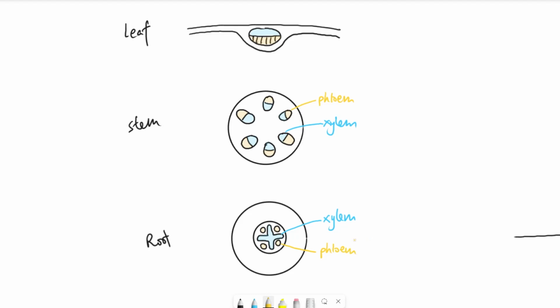So again, any water and minerals would go into the xylem, into the cross-shaped section here, and then it would travel up the plant, and the phloem will be where they receive the sugar usually, and they will leave the actual phloem into the surrounding root cells. So those are the three different organs and how the vascular bundle is arranged in the leaf, stem, and the roots.